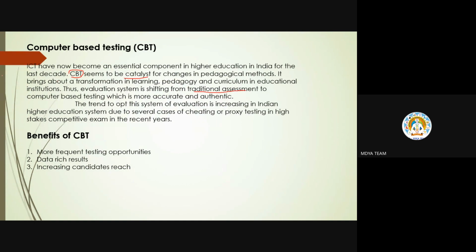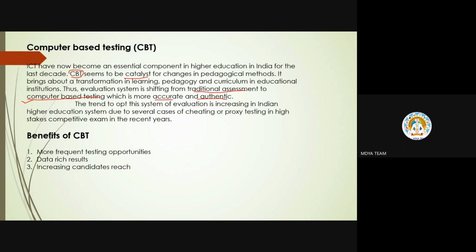First we used traditional assessment like pen and paper tests, and now we are using CBTs, which are more accurate and authentic. In CBT, there is no human error. If a teacher is evaluating, he is checking the answer sheet. The teacher may be partial to the student that he liked in the class, that he is impressed by.